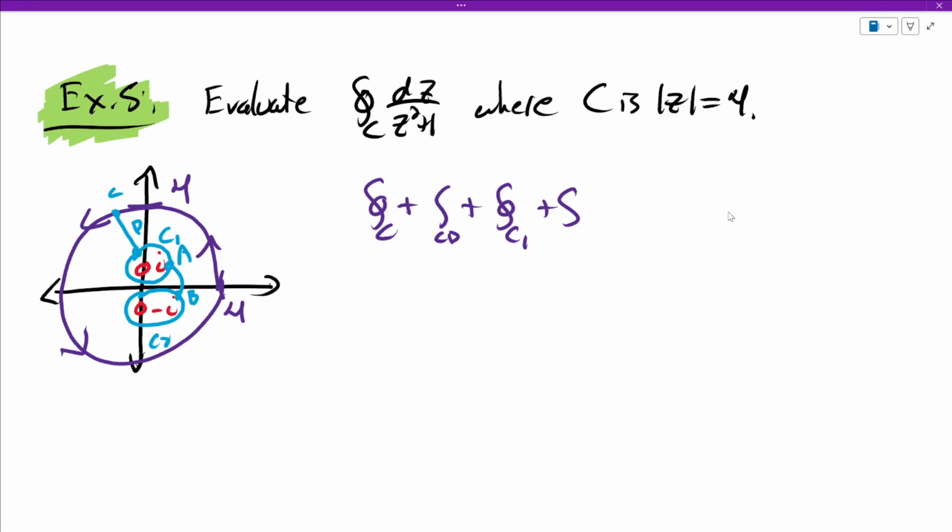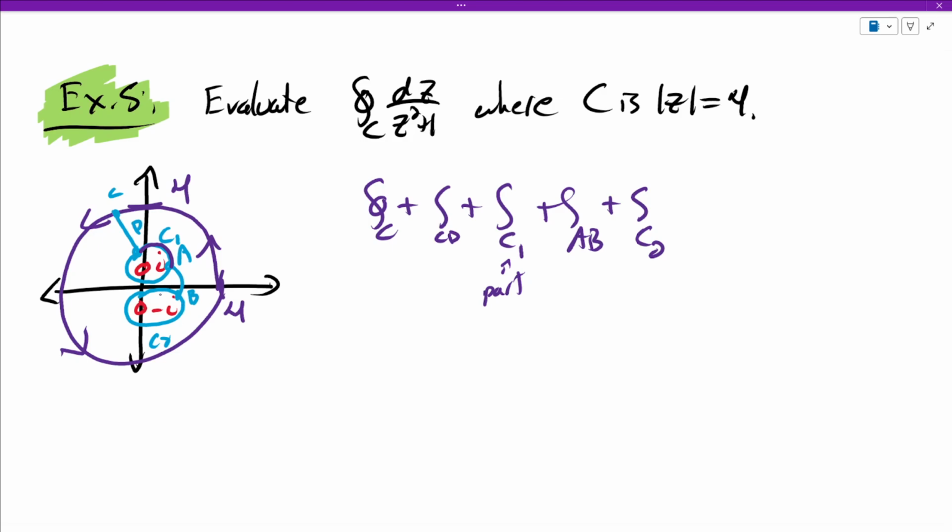What I want to do is integrate over part of C1, so I'm not going to close it off. I want to integrate over this part right here, plus the integral over AB plus the integral over all of C2 now.